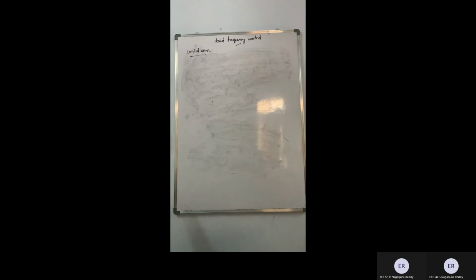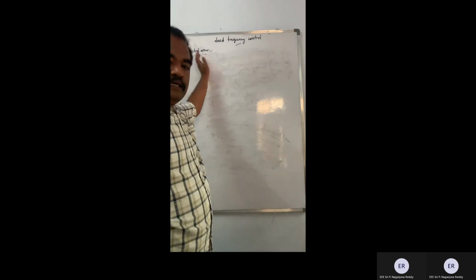For that thing, we will maintain a control area. We will call them as control area. Okay. Now, we will first of all consider a single control area. Okay. So, in a single control area, okay.